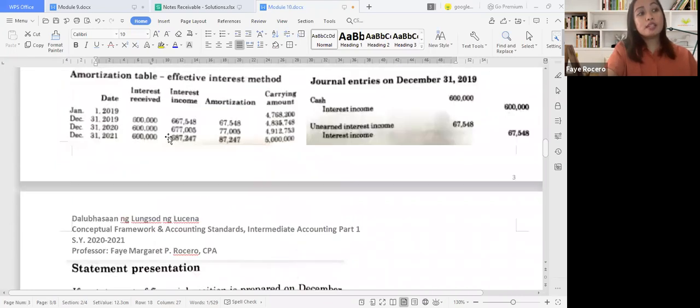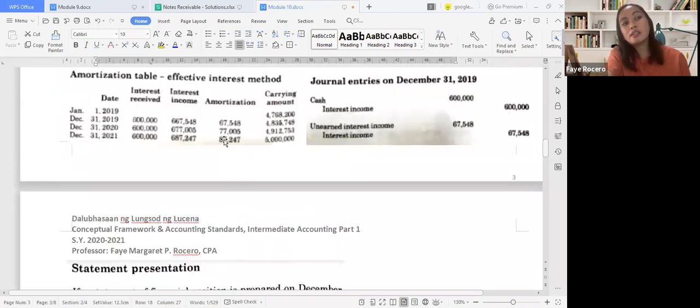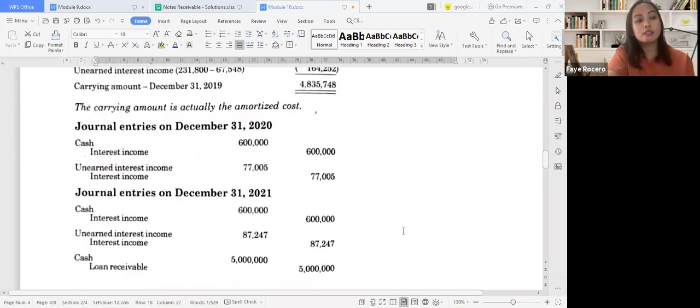In 2021, finally, we collected again 600,000 and unearned interest income amortization 87,247. And we collected the loan in full. Debit cash for 5 million, credit loan receivable 5 million. So as of December 31, 2021, both the loan receivable and the unearned interest income should have zero balance.